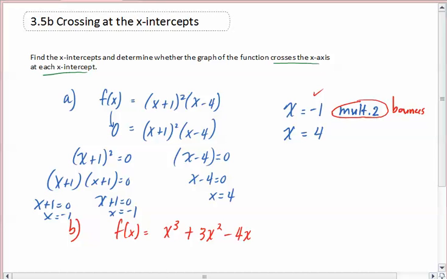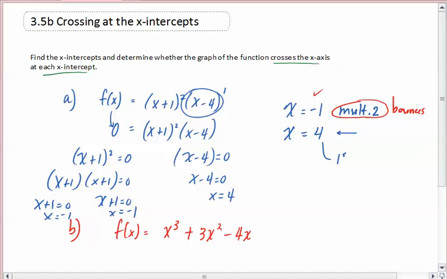In contrast, if I have an x-intercept that has an odd power, in other words, look at this over here, it had a 1 to the first power, which means it occurred one time.